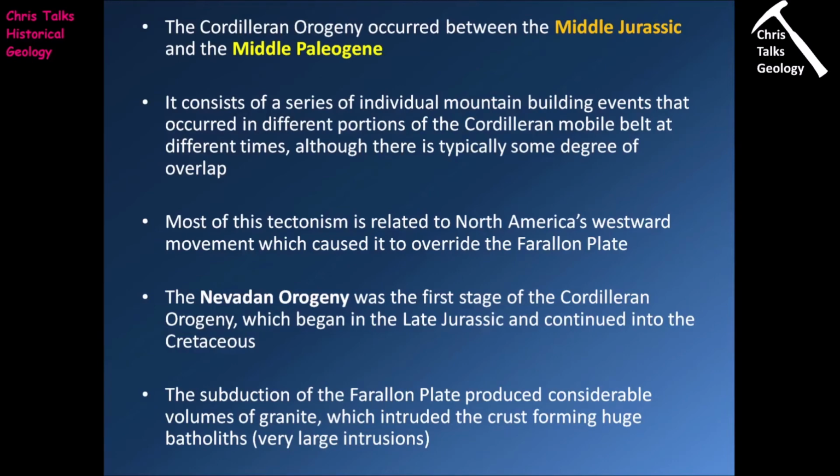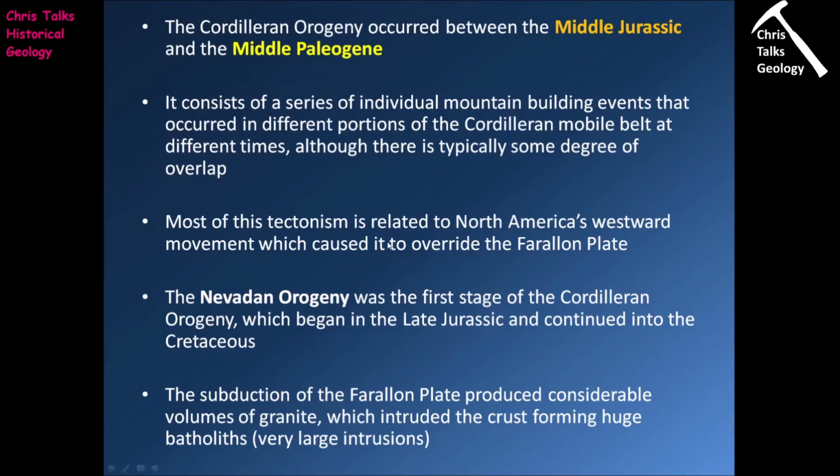What we have are smaller mountain building events that lead to the uplift of the western side of North America at different times and in different locations. There is obviously going to be some degree of overlap though, because orogenic events are quite large, so you can have more than one orogenic event occurring in the same area at the same time.